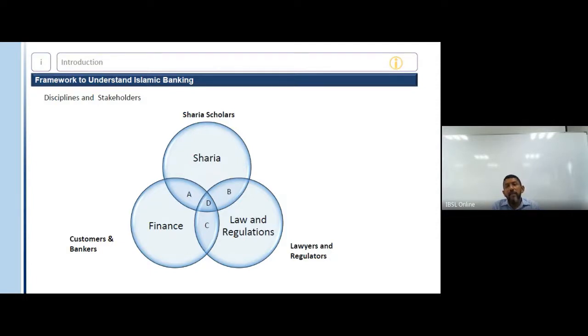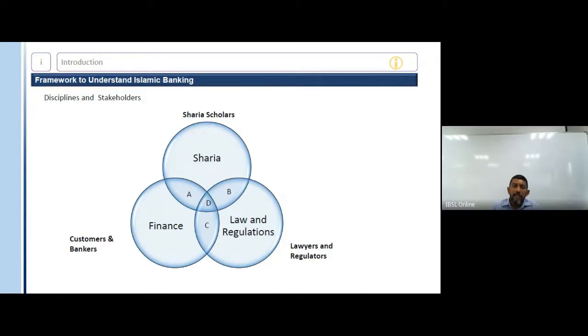So we have to ensure customer requirements are met. We have to ensure the law of the land is upheld. At the same time, we have to ensure the principles of Sharia are not violated. And if we can design an Islamic bank's operation in such a way that all these three requirements are met, then it will be a sustainable operation in the long run.